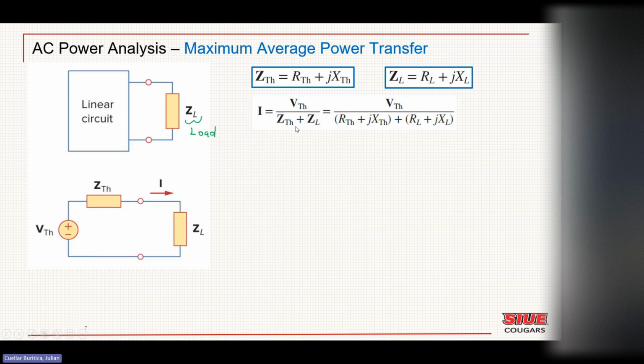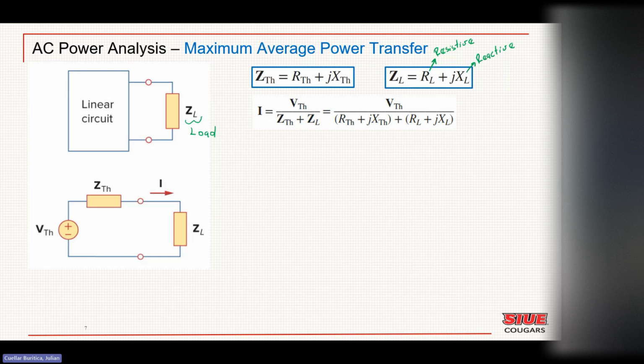We will replace each one of those two impedances by its rectangular form. And remember that in this rectangular form, each impedance now has two parts: the resistive part and the reactive part.